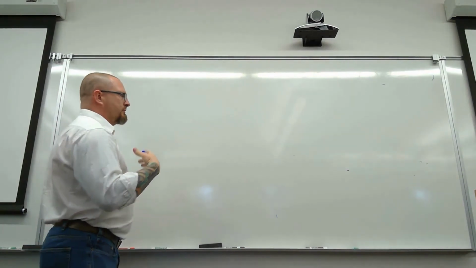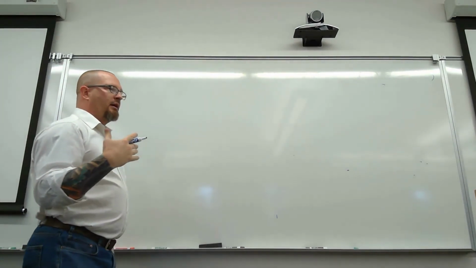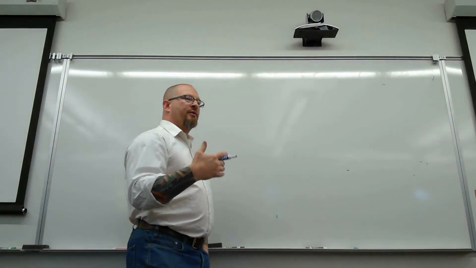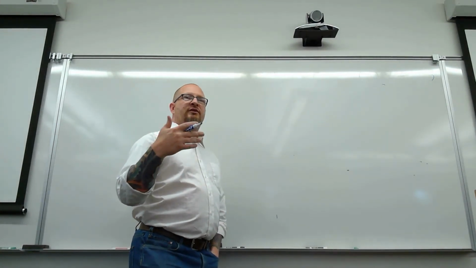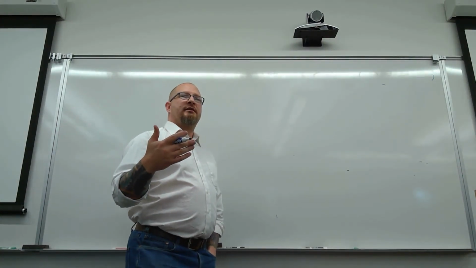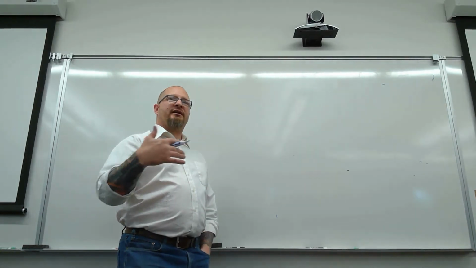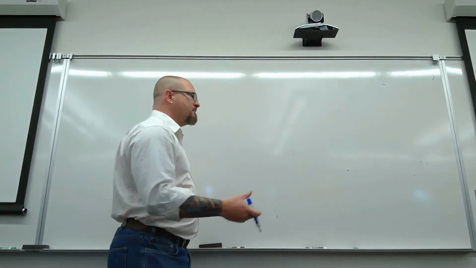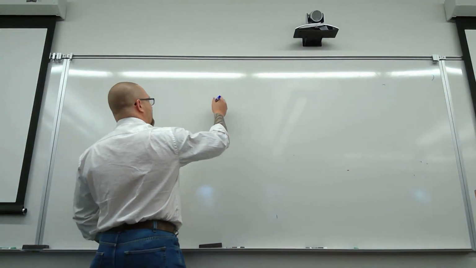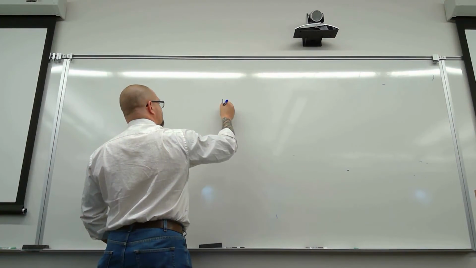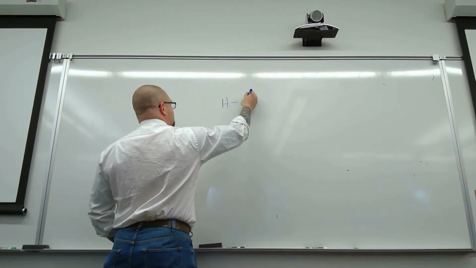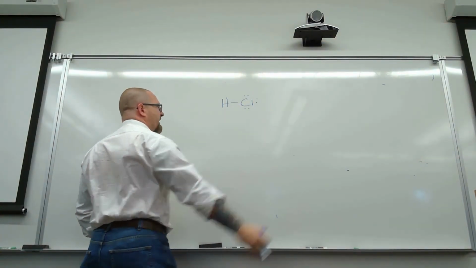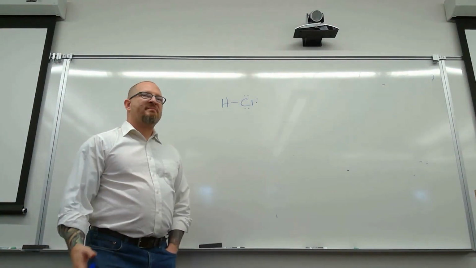For any bond where you have a difference in electronegativity between the two nuclei, the electrons are going to bias towards the nucleus which is more electronegative. An easy example is hydrochloric acid.